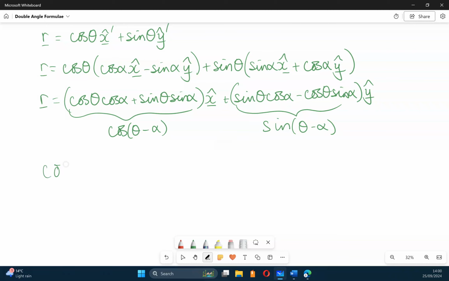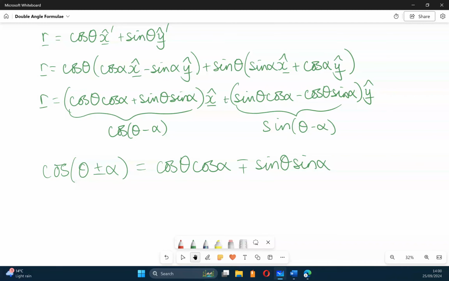So we have here that cosine of theta plus or minus alpha, collecting everything we've done, is cosine theta cosine alpha minus plus sine theta sine alpha. So when there's a plus sign inside the cosine, there'll be a minus sign between the cos and sine terms.